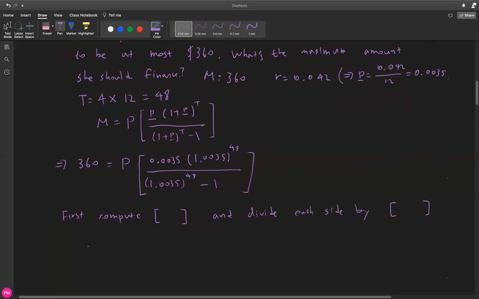If you do that properly, you should end up with the purchase price or the principal being $360 divided by the value in the bracket, and that actually becomes $15,881.